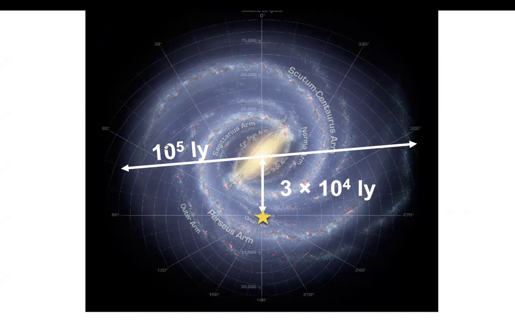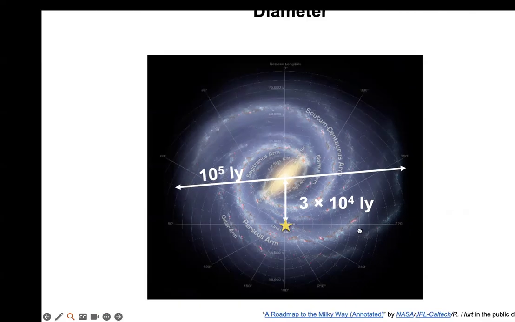That does mean that if light was created on one edge of the galaxy, it would take 100,000 years to see that light on the other side. In other words, if you on Earth, right here in Orion's arm, are looking towards the center of the galaxy, you're seeing light that was created 30,000 years ago, because it's traveled a distance of 30,000 light years, or 3 times 10 to the 4 light years.